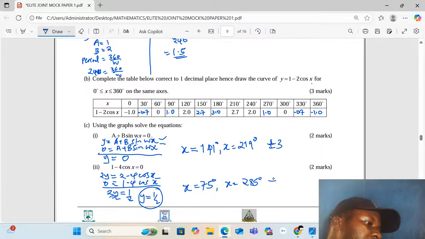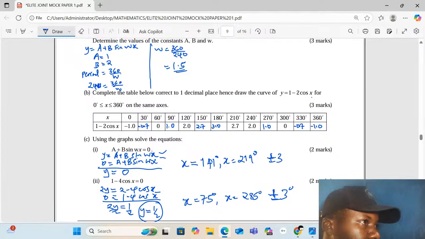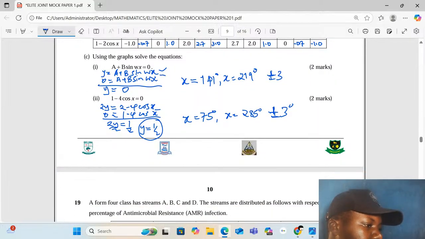Then we have an addition or subtraction of 3 degrees, plus or minus 3. So that is your range of answers, with a plus or minus 3. So with that, you'll be able to get your 10 marks. That simple.